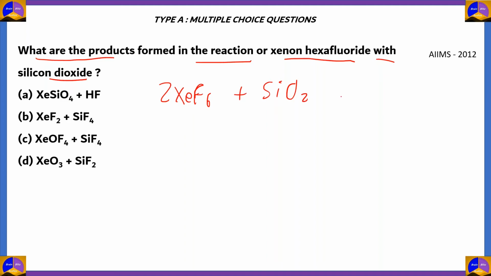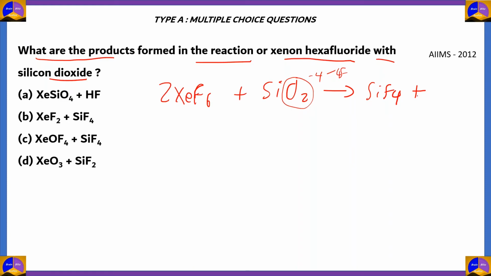So when it comes to XeF6 and SiO2, we have the oxygen removed and the ions are exchanged. So the anion of oxygen is replaced by the anion of fluorine. So O2 has a total valency of -4. So therefore, in order to satisfy -4, we should have 4 fluorine atoms. So therefore, SiF4 is formed.